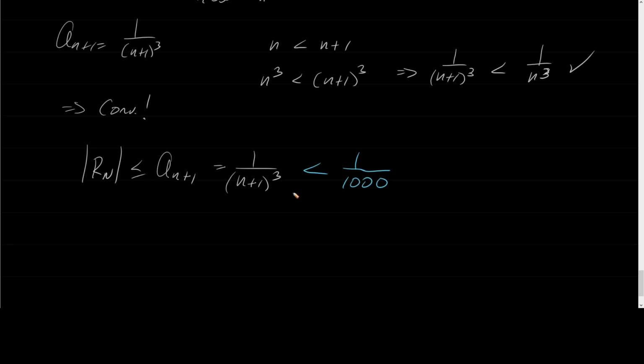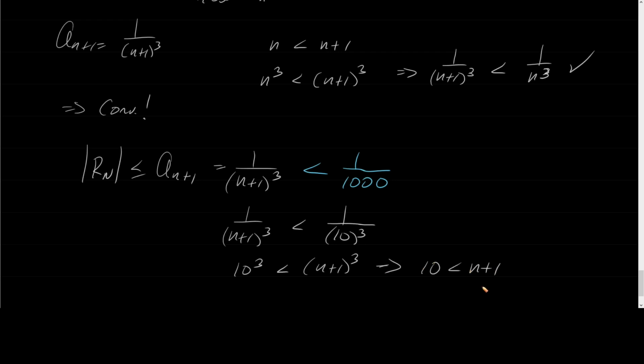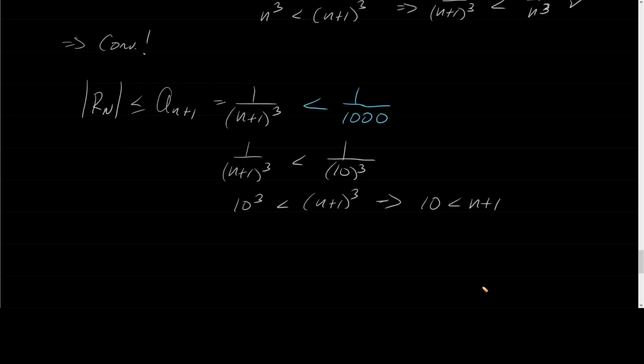Well, in here, 1000 is the same thing as 10 cubed, right? And if I do a cross multiplication here, that gives me that 10 cubed is less than n plus 1 cubed, which now tells me that 10 is less than n plus 1, right? And if I rewrite this, this is really saying n plus 1 is greater than 10. If I move the 1 over, n has to be greater than 9, right?